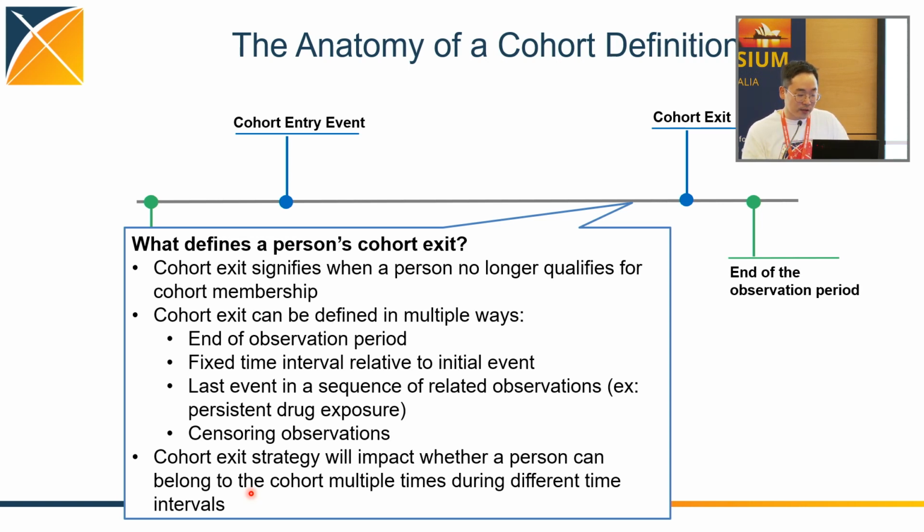Or you can define this as a fixed time interval relative to the initial event. Or you can define this as the last event in a sequence of related observations, such as the end of the continuous drug exposure.